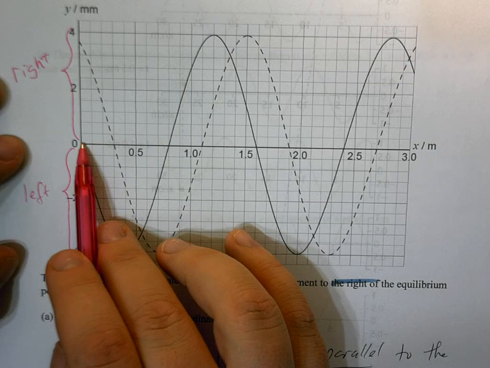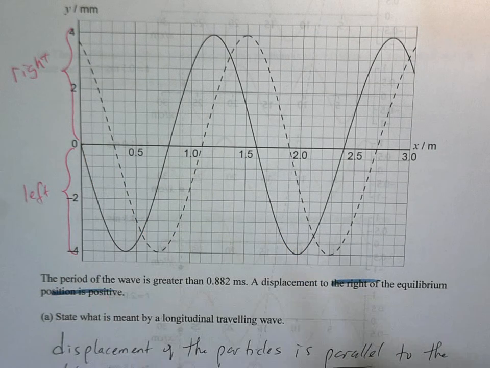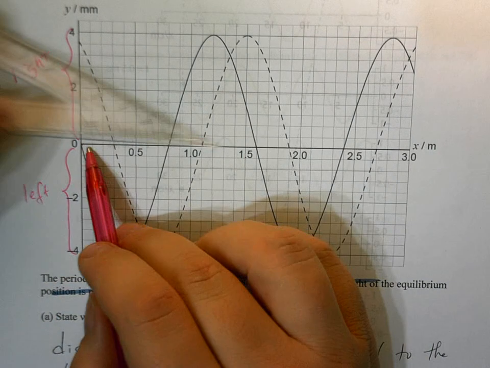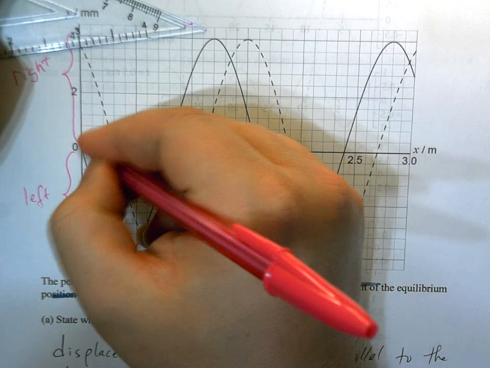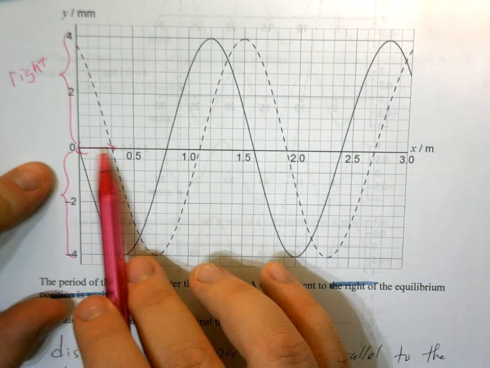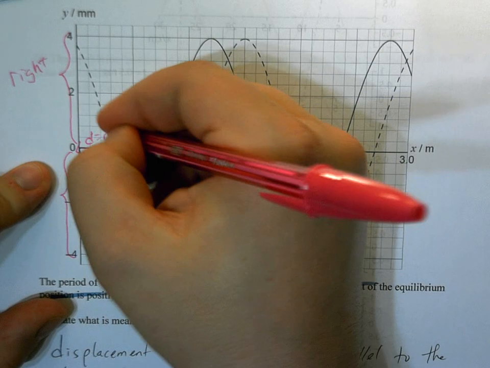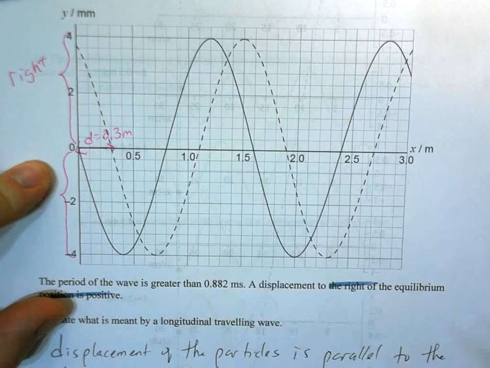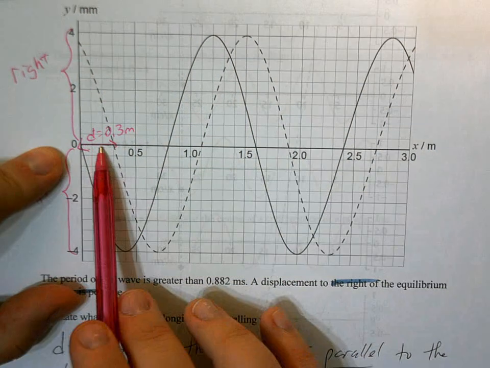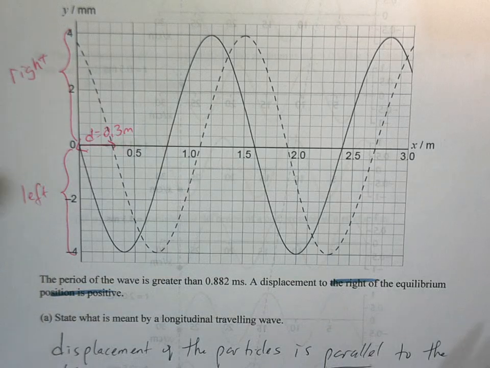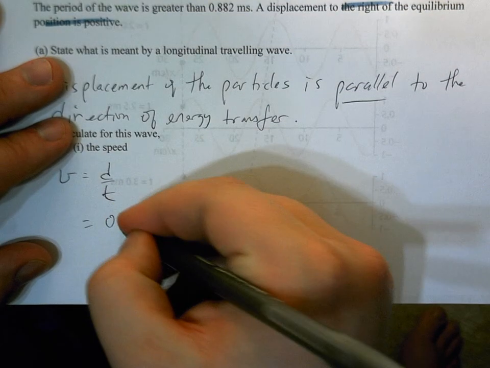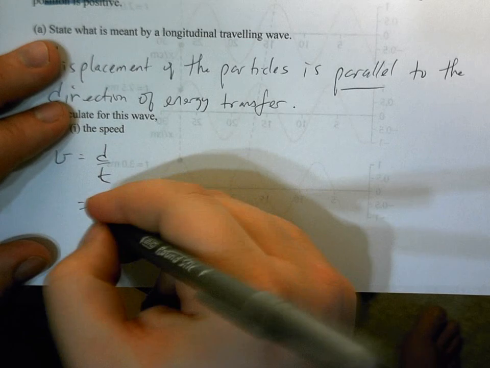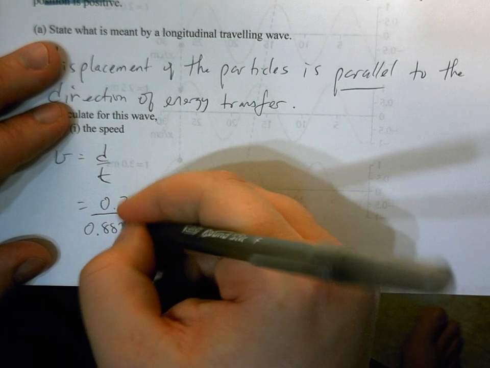Looking at the starting point here and here, this is going to show us the distance the wave has traveled. Based on what I have here, I have a distance of 0.3 meters, and that distance has been traveled in 0.882 milliseconds. So I could say that the distance is 0.3 meters, and then we're dividing that by 0.882 milliseconds.